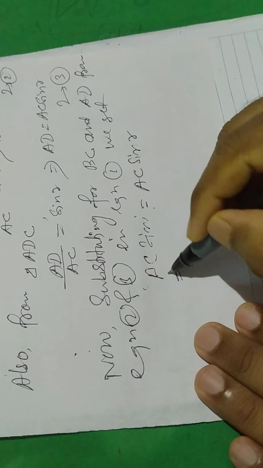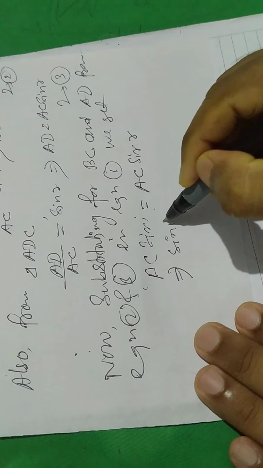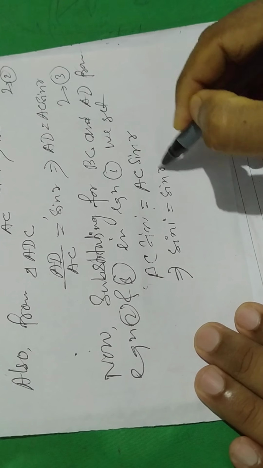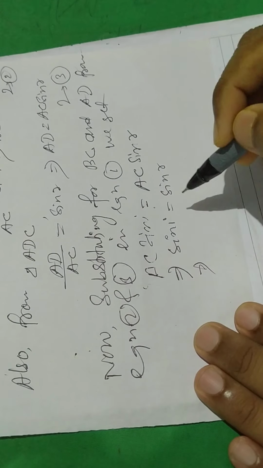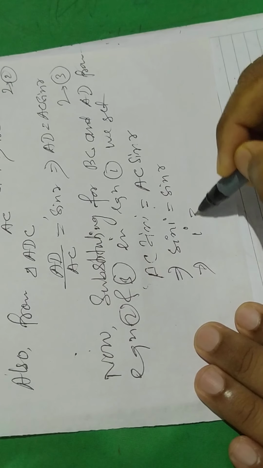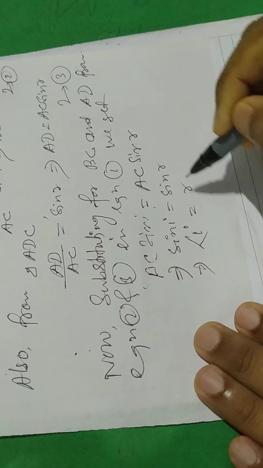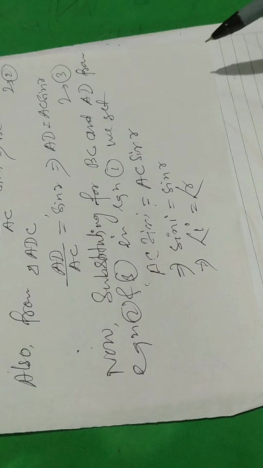So AC cancels, sin i equal to sin r, so i equal to r. That is, angle of incidence equal to angle of reflection.